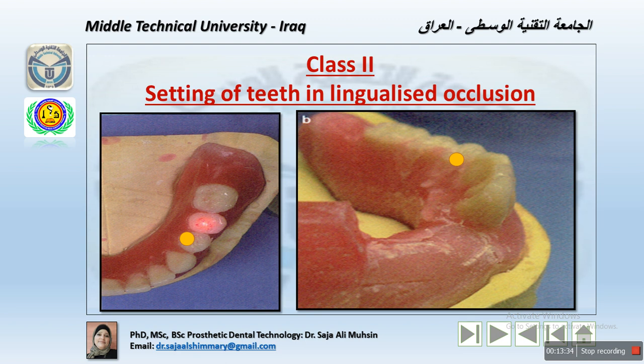And of course, remember always to add an additional tooth of the same size, which is better than using teeth of a small size.